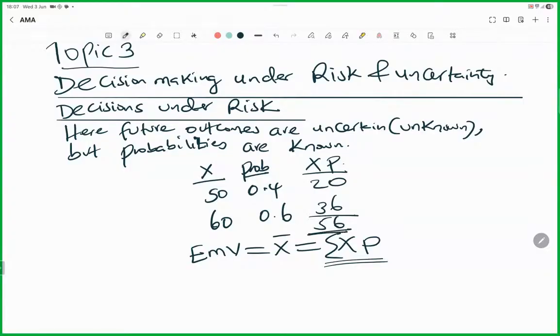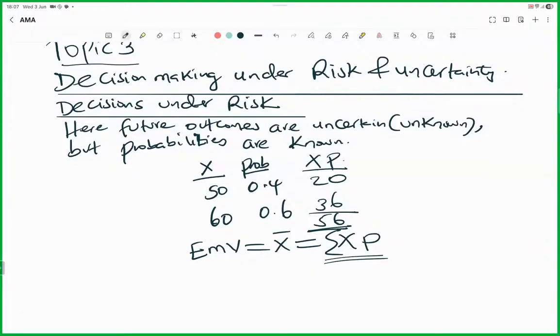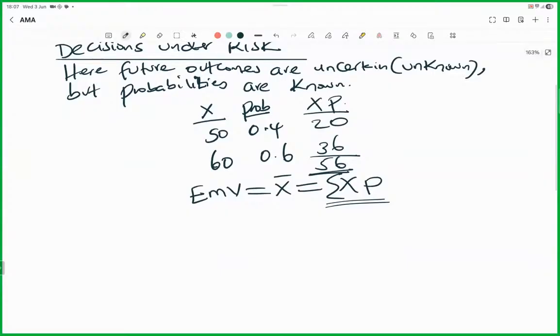So whenever you see probabilities being given, you know straight away that we are under the risk environment.